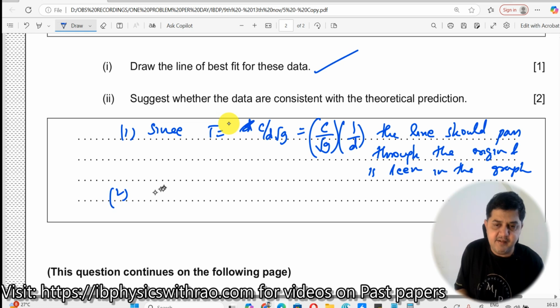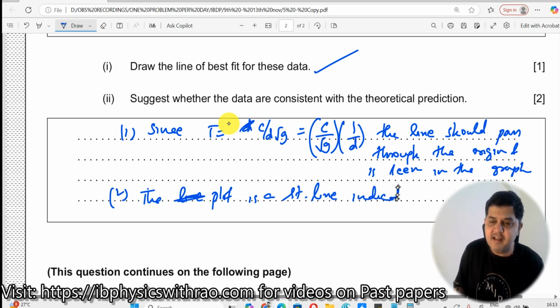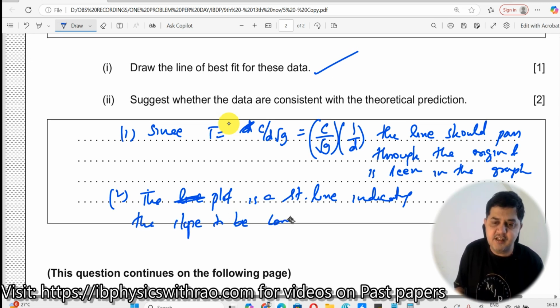And secondly, the plot is a straight line, hence the slope is a constant, which is equal to C by root G. And this is also seen in the graph.